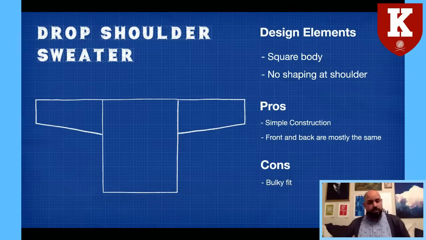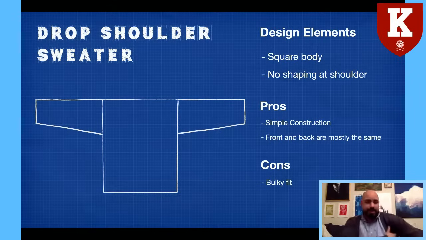The drop shoulder is called the drop shoulder because usually the shoulder seam is going to be coming down here. It's going to fall down. And the reason why that happens is because the sleeve is basically like a T shape, so when it's attached to the body, you need the extra fabric to bring the shoulder dropping down in order for the sleeve to actually come next to the body.